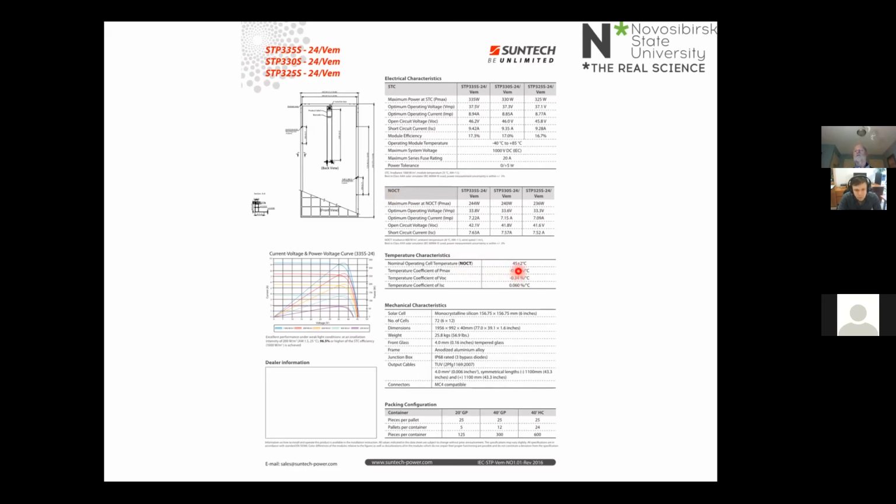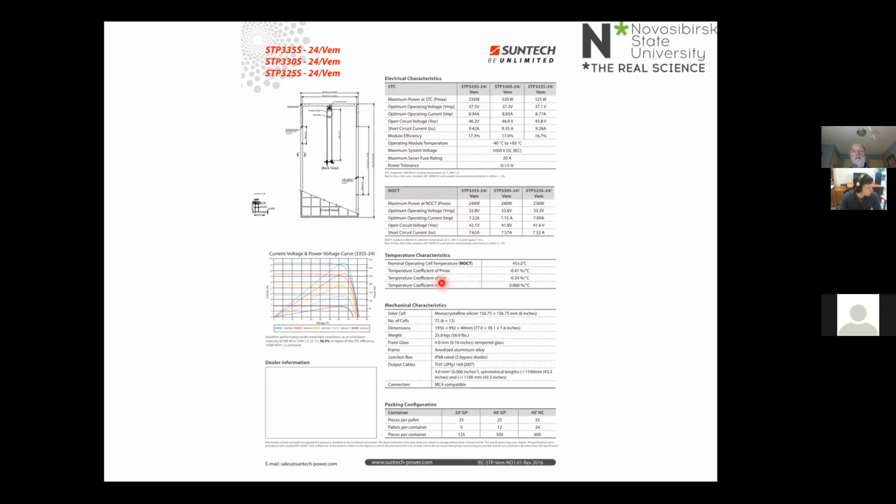Okay, so that would correspond to an ambient temperature probably in the low 30s. So probably in Calgary, that would not occur very often in summer, but it does occur. And the performance of a PV module at the nominal operating cell temperature is significantly less than it is at the rated conditions, at the standard conditions. Okay, and that is due to the fact that virtually all PV technologies get less efficient as the temperature increases.